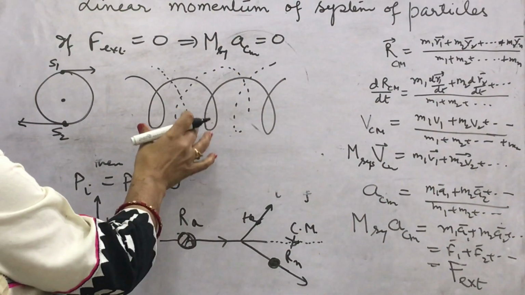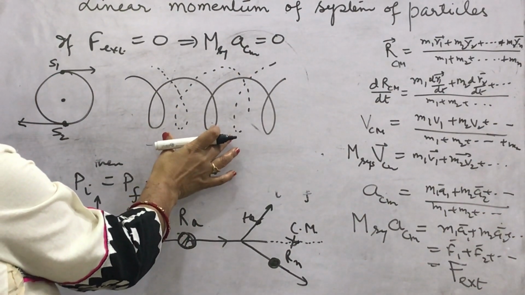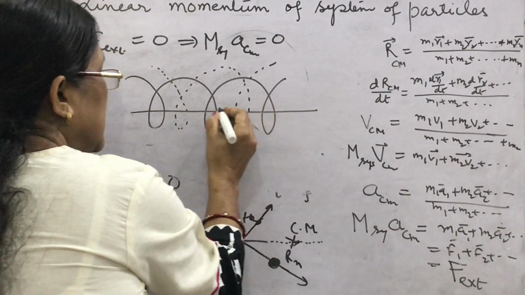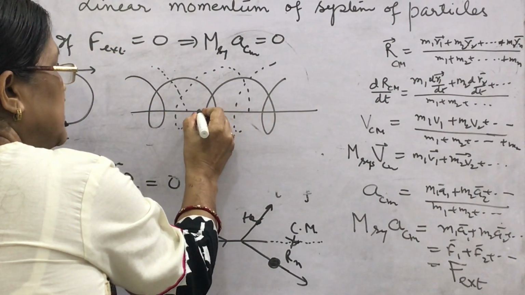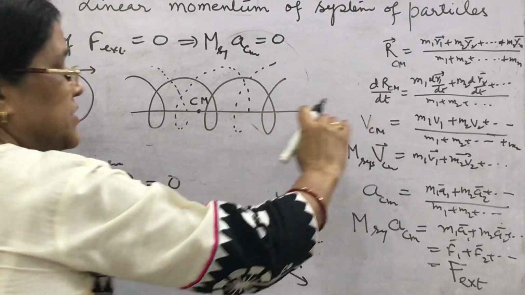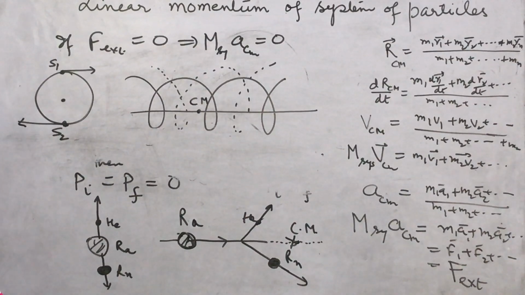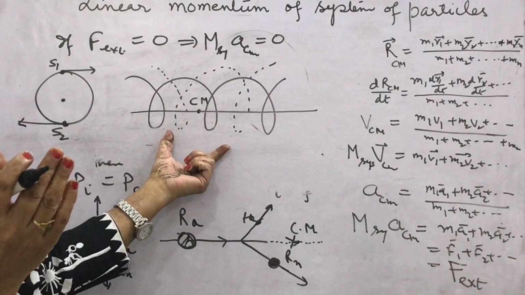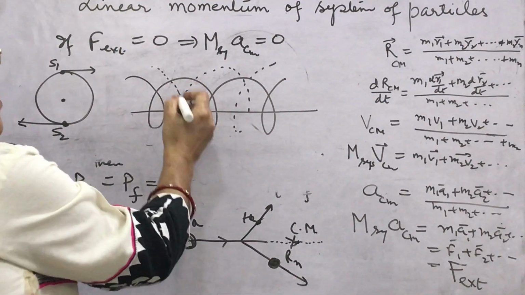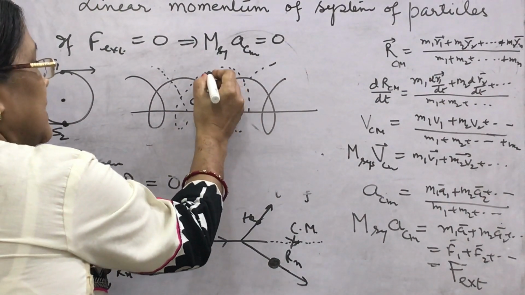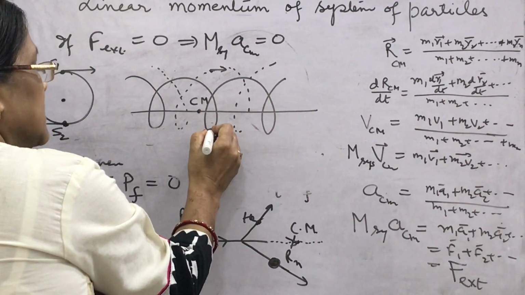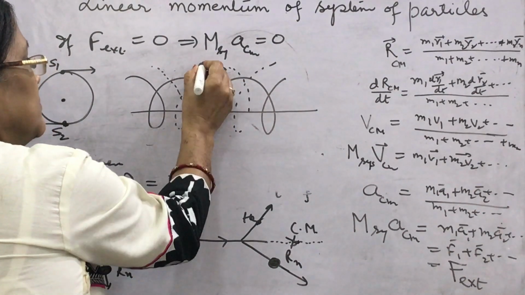So if you consider the center of mass, the center of mass continues to be in the same straight line like a free particle. So the center of mass is moving along a free path, although you can say that this is the motion of the first star and somewhere here is the motion of the second star.